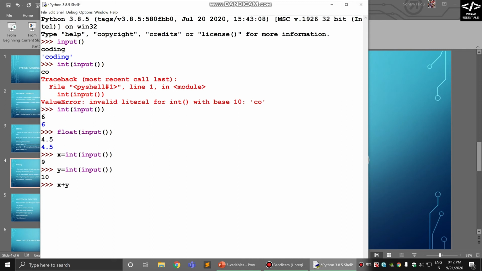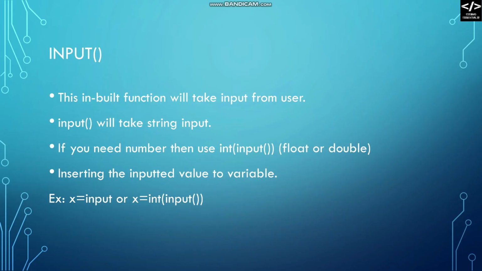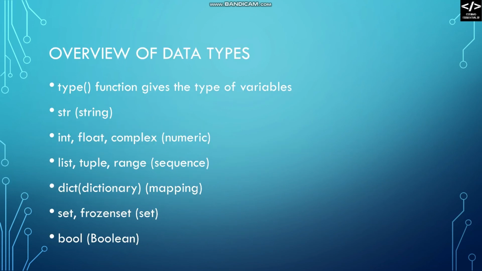Now if we write x plus y, it will show 19. It will also give direct answers like 7 plus 8, 9 by 2. It is basically a calculator. So this was all about the input function.